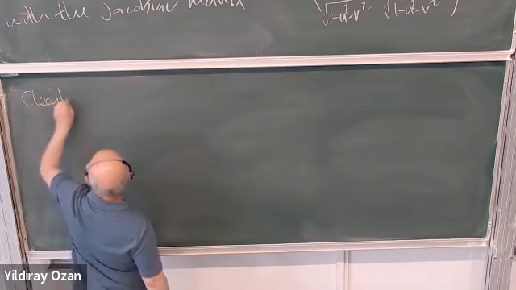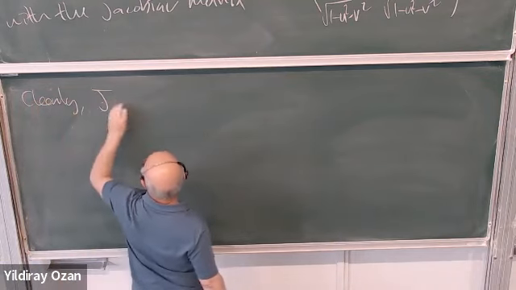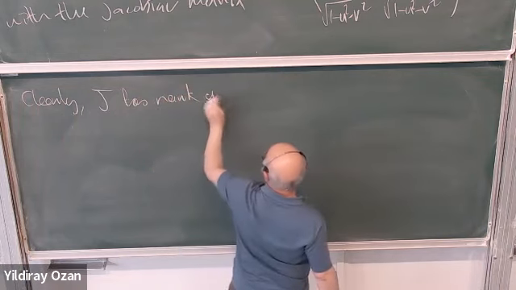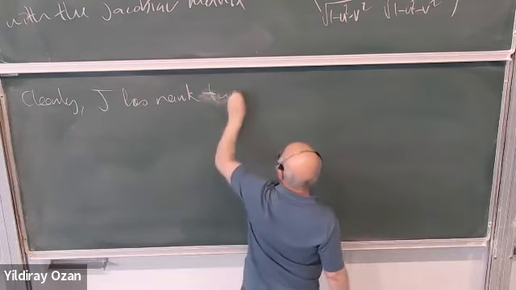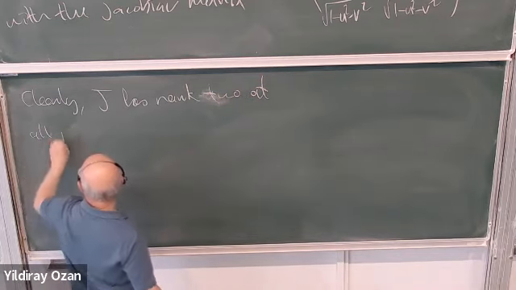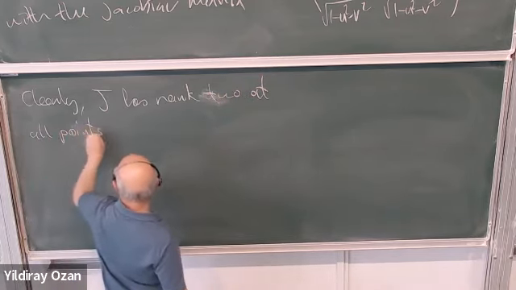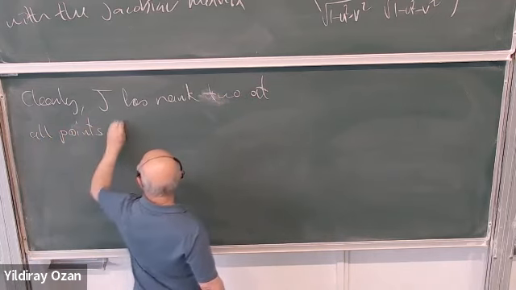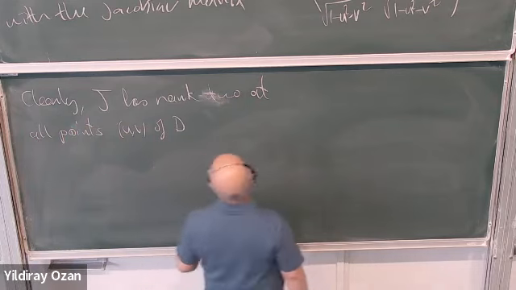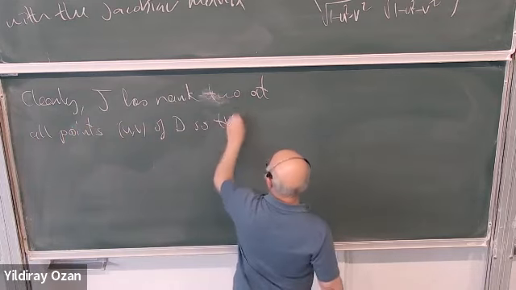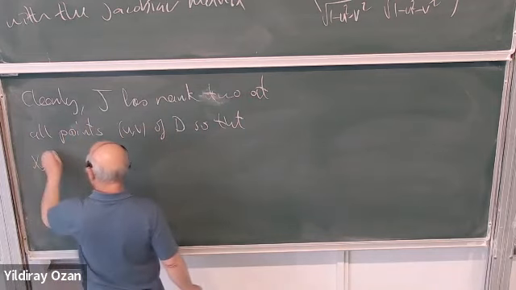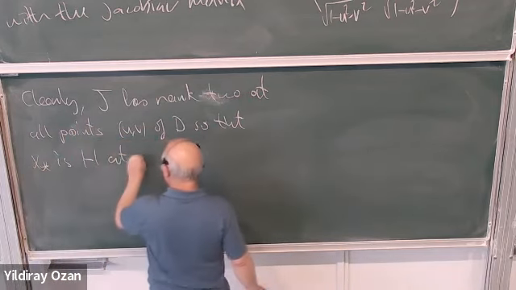Clearly, the Jacobian has rank 2 at all points of D, so that the derivative map X star is 1-to-1 at all points.